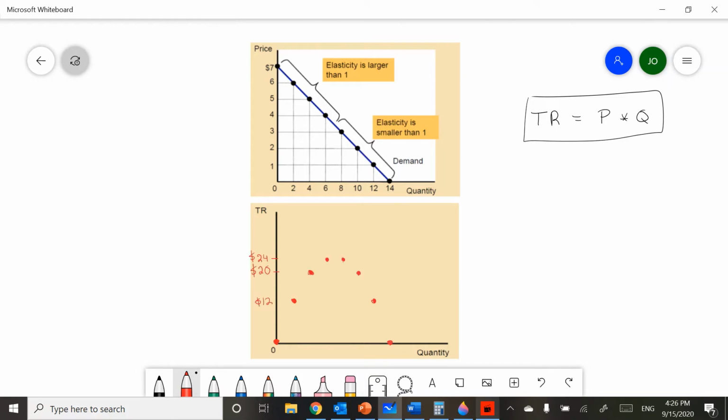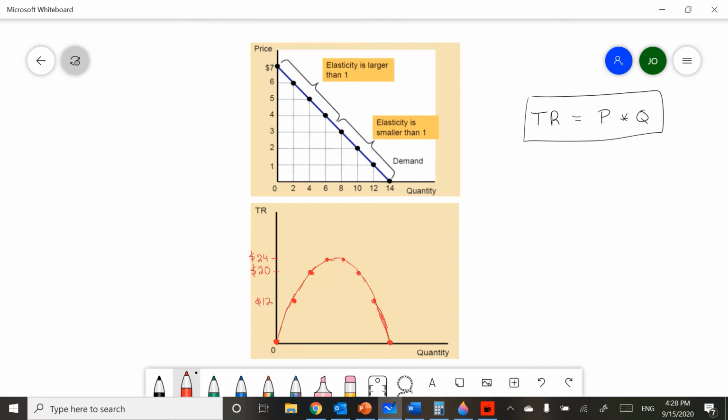Here's the graph. We notice that our total revenue goes up to 12, to 20, 24, then it kind of flattens out, and what we notice is that after a certain point, total revenue begins to go down. So, let's analyze what's happening in both graphs.